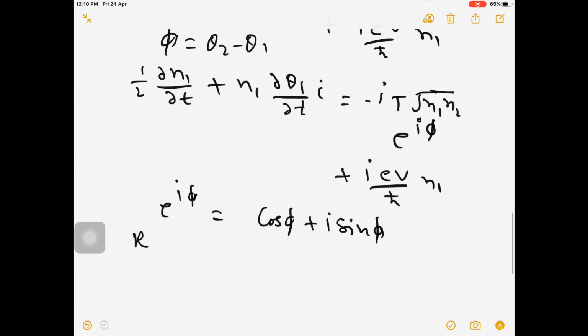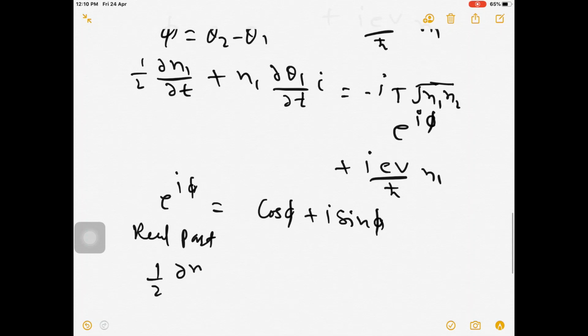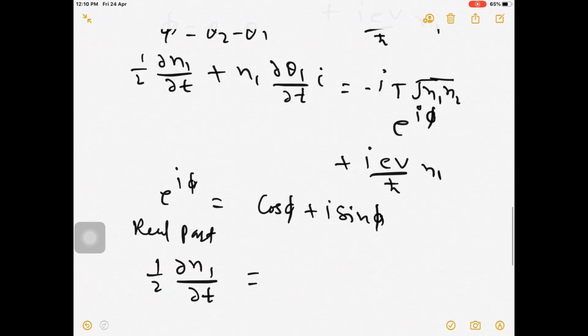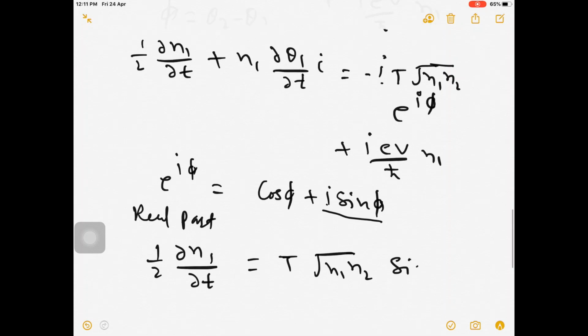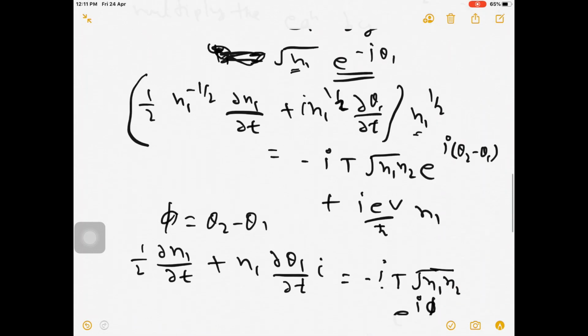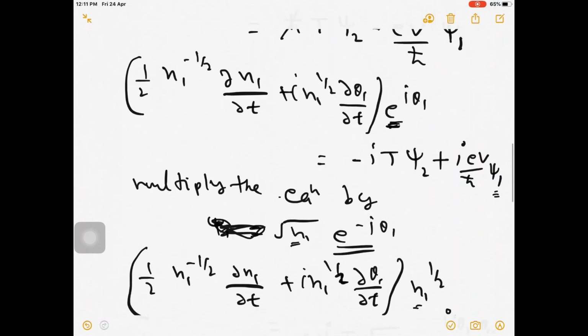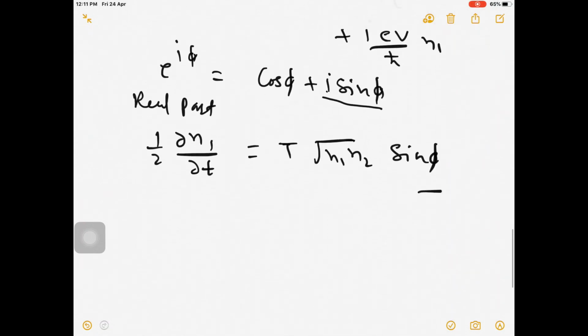So the real part of the left hand side is nothing but 1 by 2 del n1 divided by del t, and the real part of the right hand side will be obtained from this term, because this iota and this iota make iota squared, which is minus 1, and this minus 1 becomes plus, so I will get T under root n1 n2 sin phi. This is an important result, and this is equation number 3.